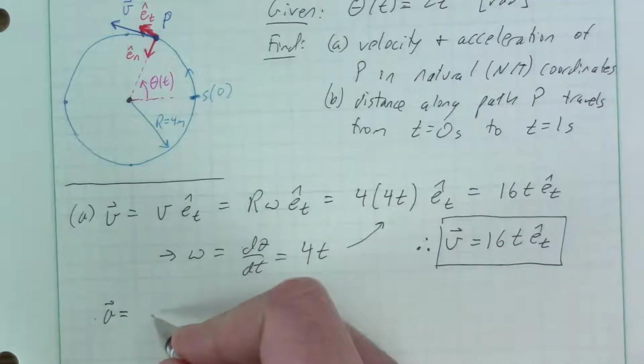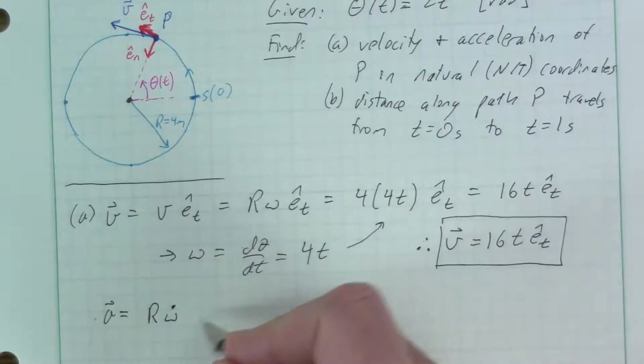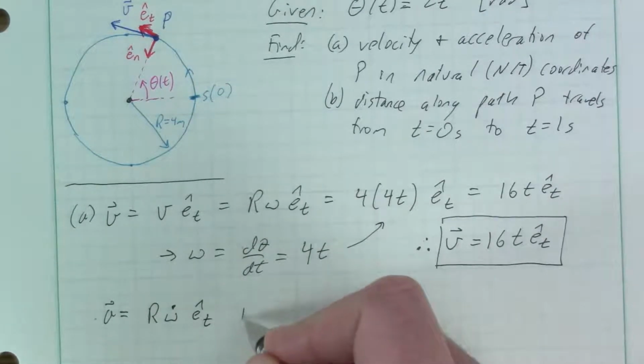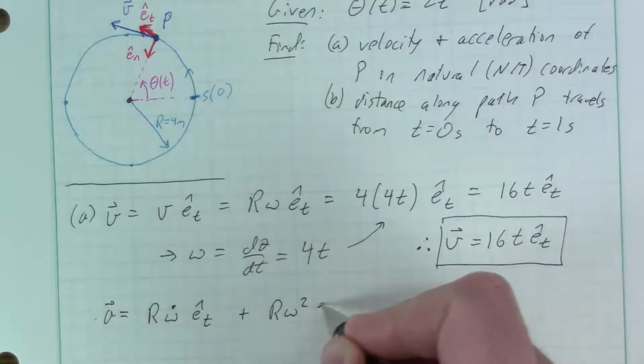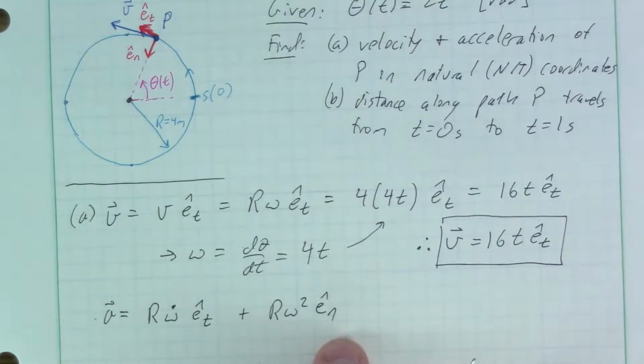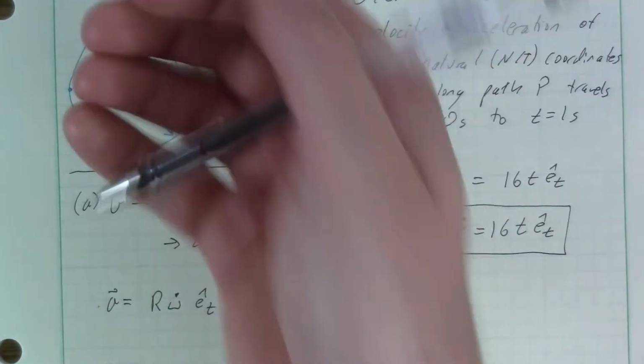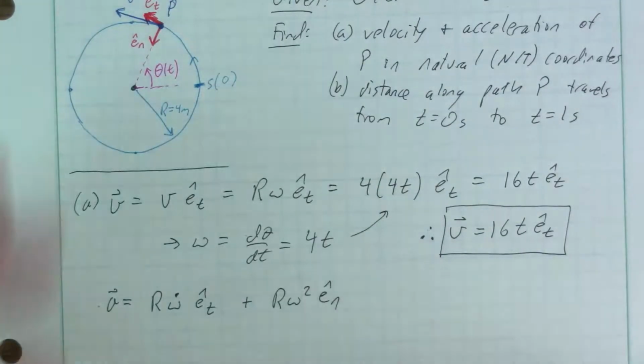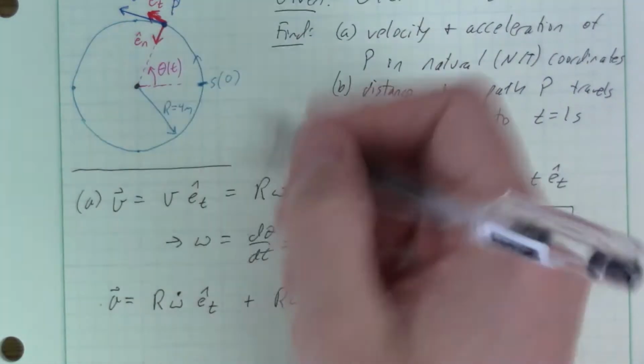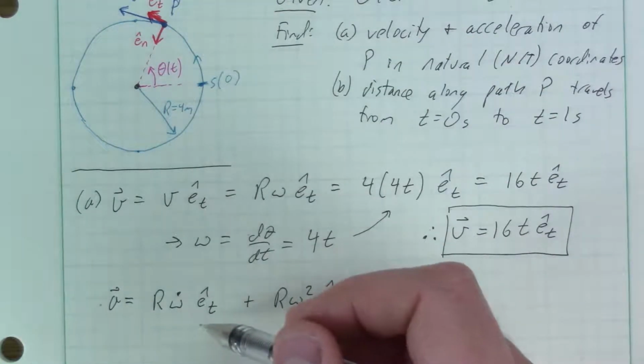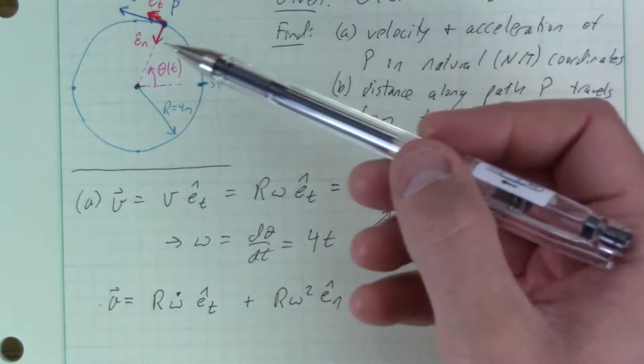Acceleration then has this formula, where it does have a normal component now, and that's what keeps it pulling. Something is always pulling it back in to stay on the circular path. Otherwise, if it were just a tangential acceleration, it would just zoom off.